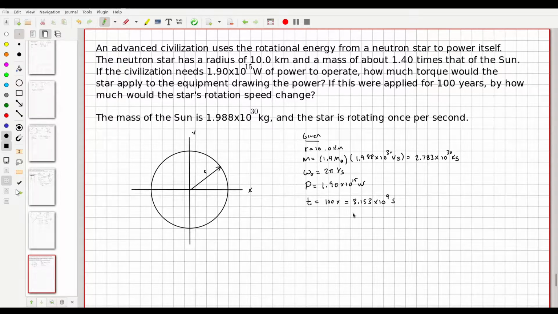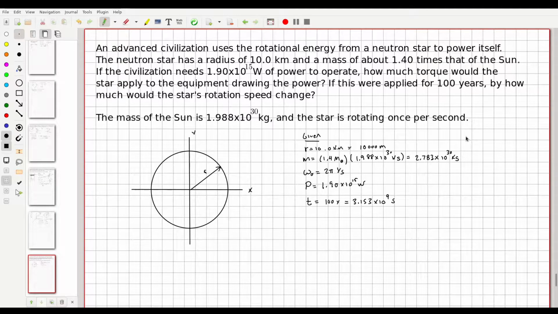And I think that's about what we have. Oh, yeah. Let's go ahead and convert this radius here. It's going to be that many meters, but it's going to have 3 sig figs, so it'd be 1.00 times 10 to the 4th meters.